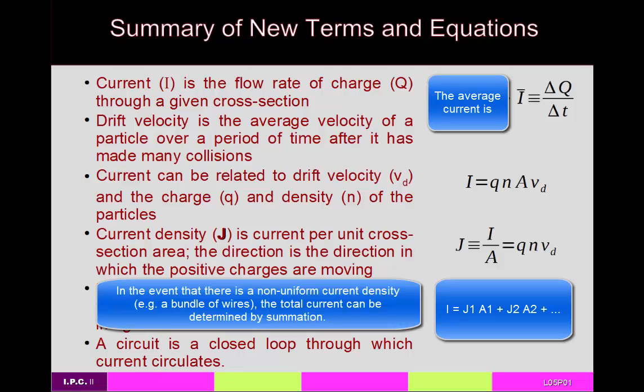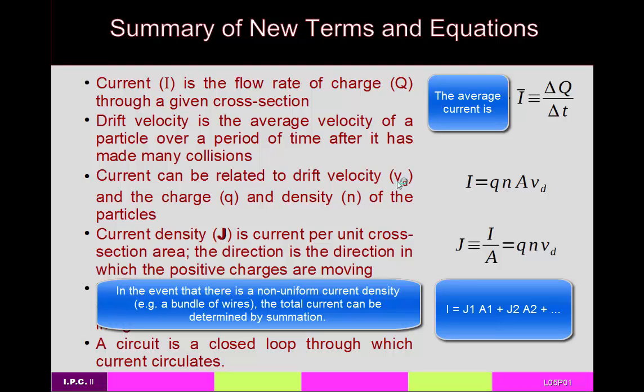So to give a brief summary of what all we've covered in this lecture, I've introduced the concept of current, which is the flow rate of charge through a given cross-section. Average current is delta Q over delta T. The drift velocity, in turn, is the average velocity of a particle over a period of time after it's made many collisions. That's represented by a Vd.